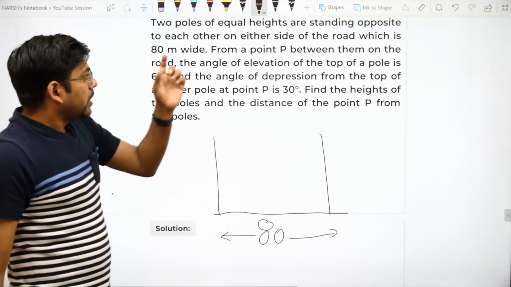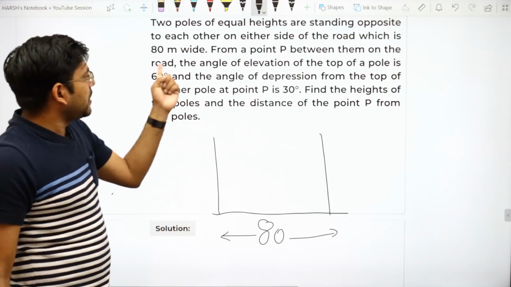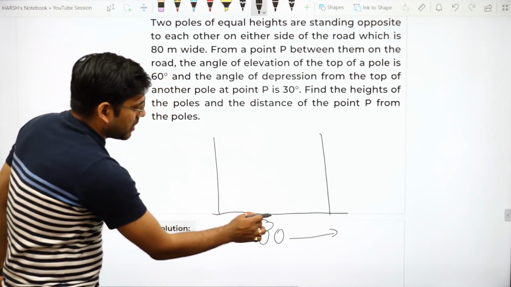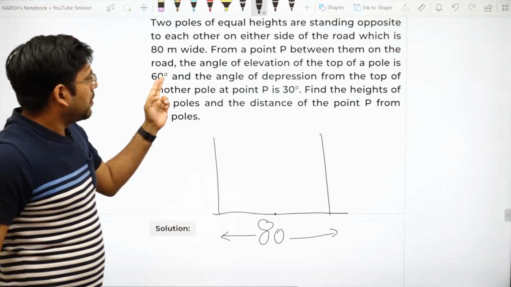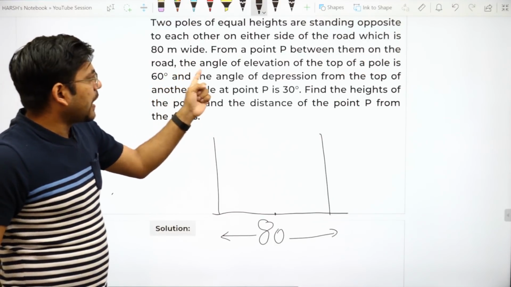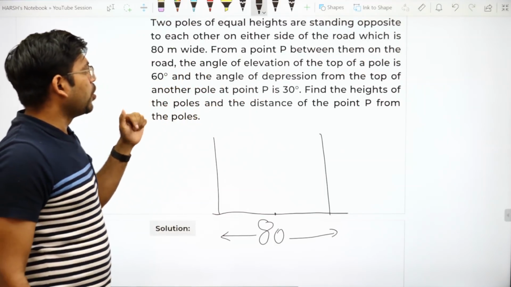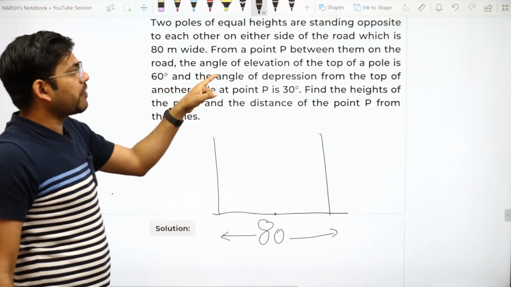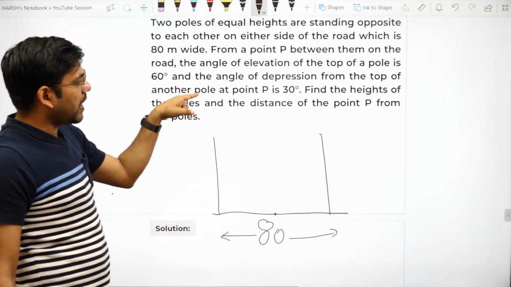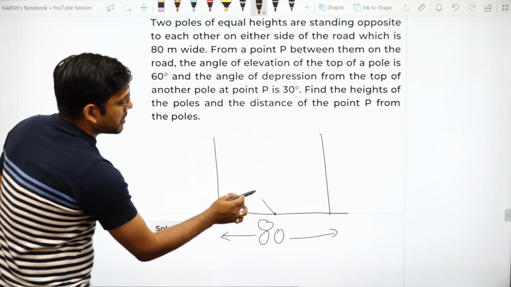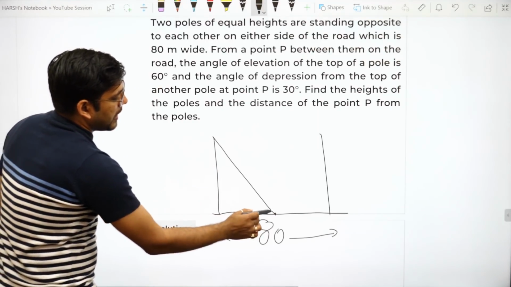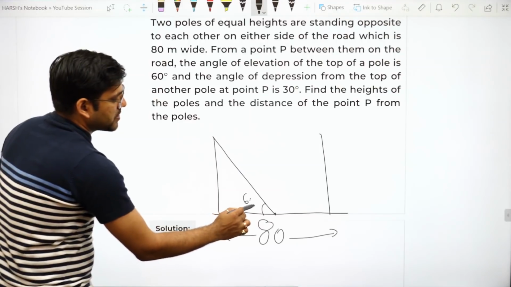From a point P between them on the road, the angle of elevation of the top of the pole is 60 degree, and the angle of depression from the top of another pole at point P. Means from here, if I see the top of the pole, the angle of elevation becomes 60 degree.